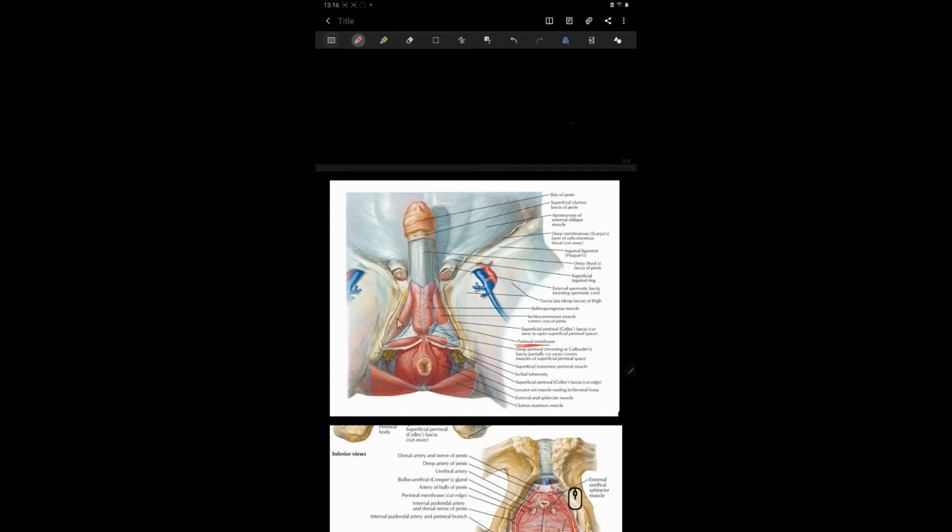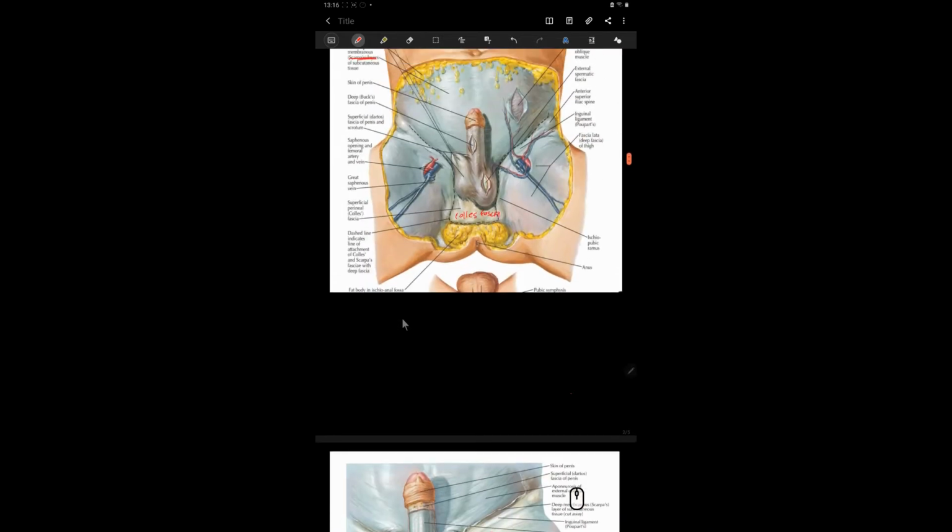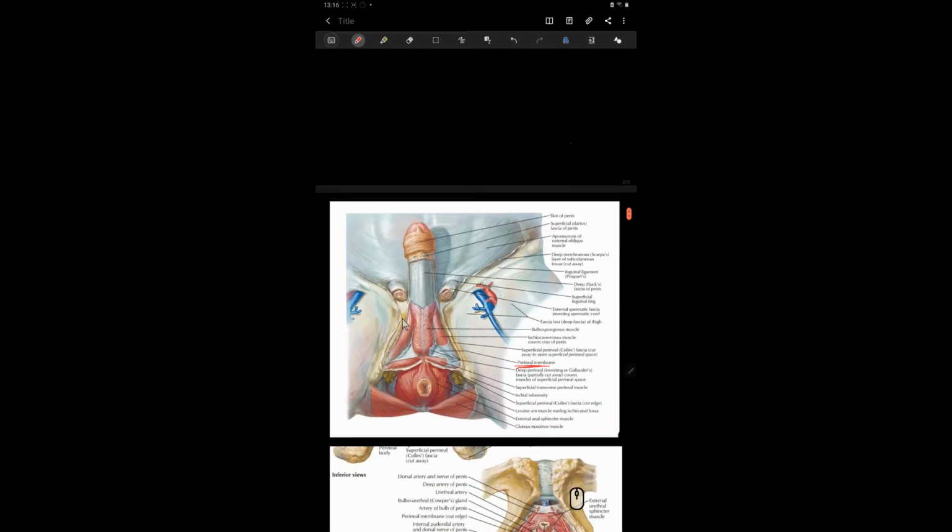The pouch which is present between the Colles fascia and the perineal membrane is known as the superficial perineal pouch, and we can see there are certain structures present superficial to the perineal membrane but deep to the Colles fascia, that is, within the perineal pouch. So these become the contents of the superficial perineal pouch.